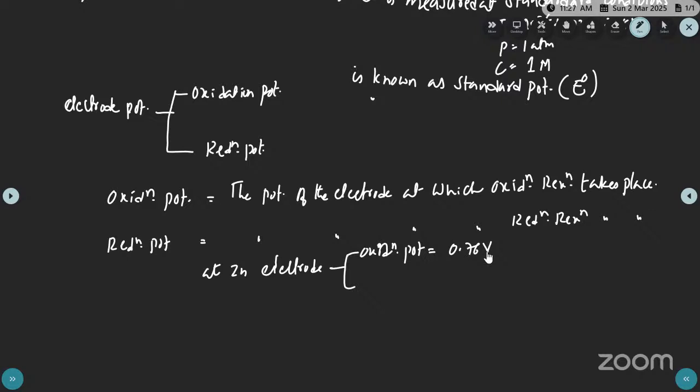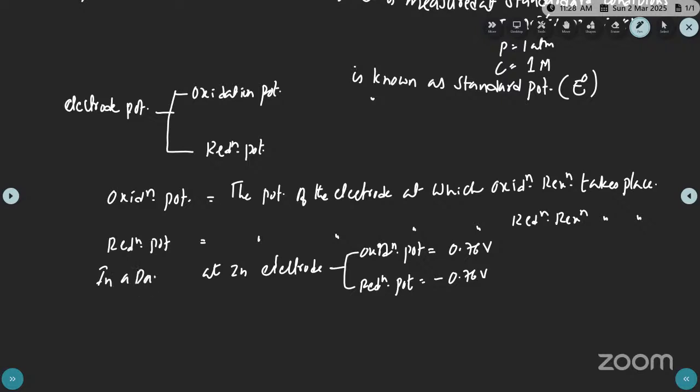And at the zinc electrode, reduction potential is also present. The reduction potential has the same quantity, but the sign will be changed. Like that, every electrode has two potentials. Okay, understood?